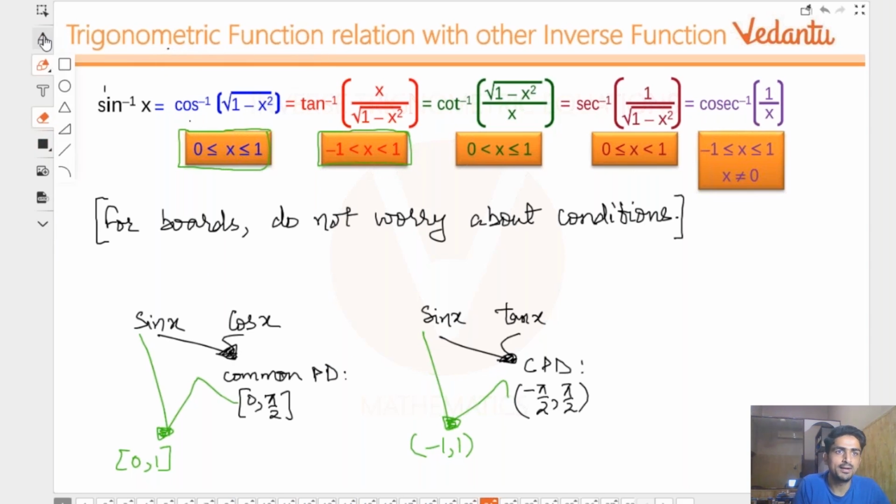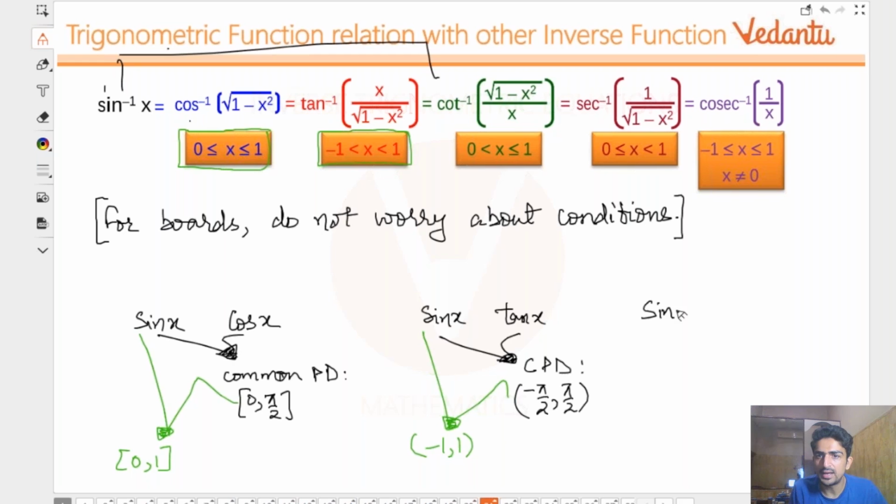Okay, let me tell you one more case. Sin inverse to cot inverse. Just write the common principal domain. The domain of sin x is minus pi by 2 to pi by 2. Cot is open 0 to pi open. So the common principal domain is open 0 to pi by 2 closed.